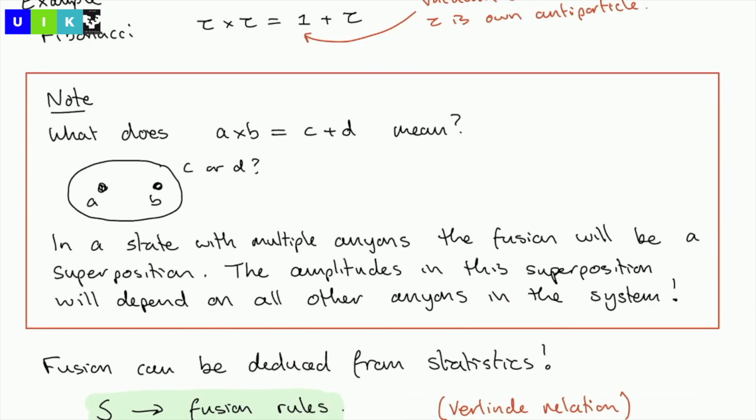What does it mean, C or D? This fusion rule gives you the possibilities of the states. Now, the actual state of your system will be some superposition of these possibilities. So your A and B can be in C, in D, or in a superposition of these.